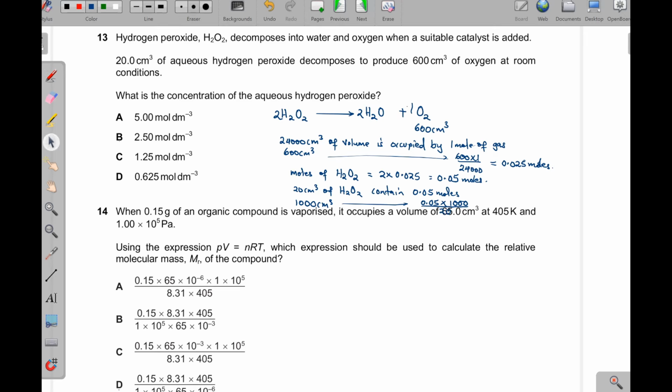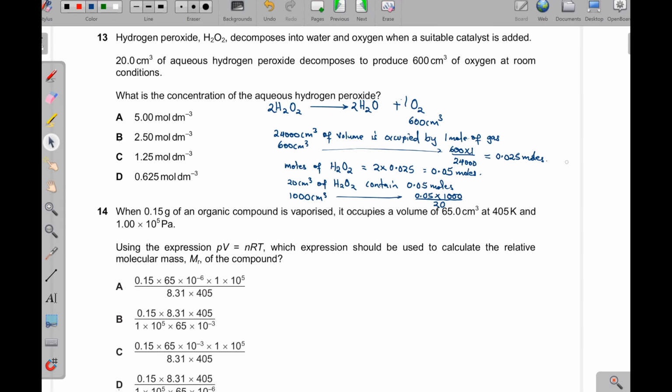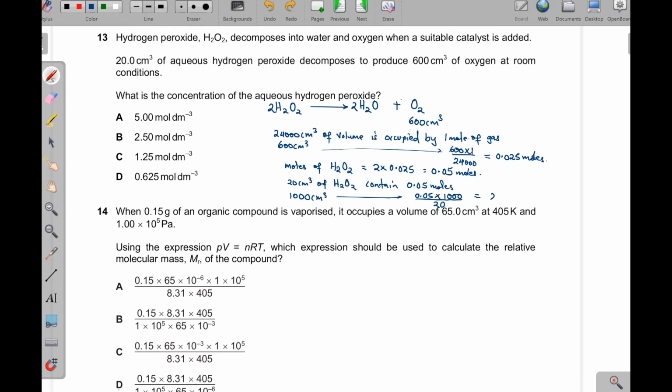You see that? Let me try to shift this one a little bit there, such that it is seen clearly. So what do we get here? We have 0.05 times 1,000, then we divide by 20. Then this one gives us 2.5 moles per liter. So which is B here.